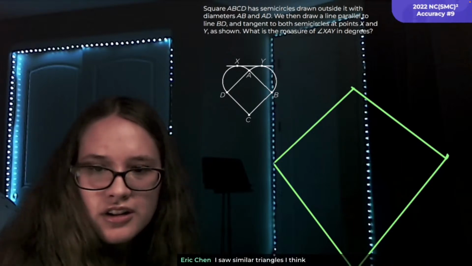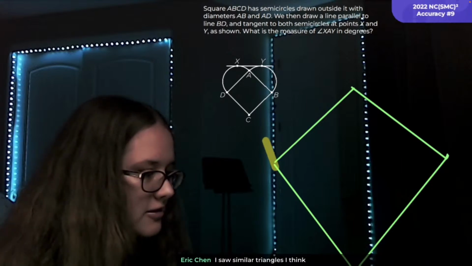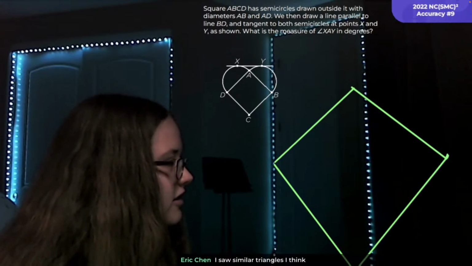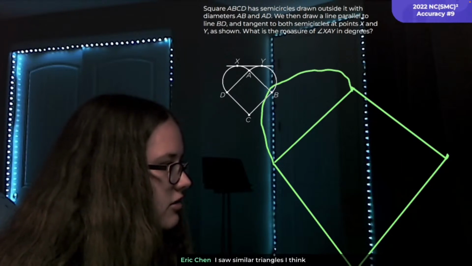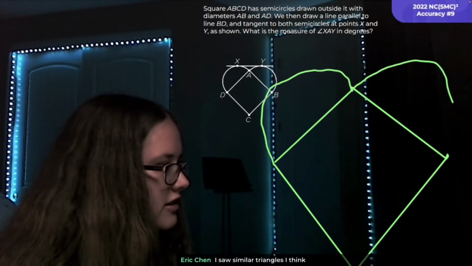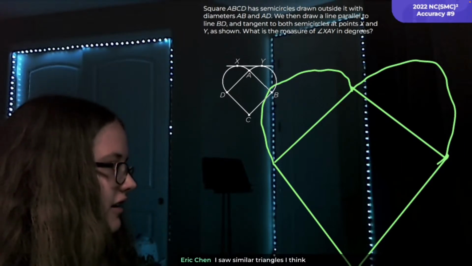Now we can draw the circles, similar triangles. Similar triangles might be useful, if I can spot them, that is. Okay.